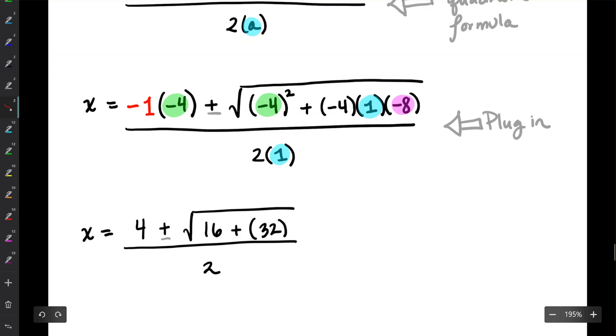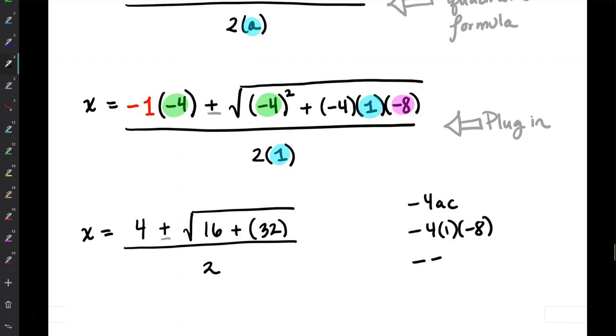This illustrates also why I kind of like writing it like this. If you had -4AC, you'd have -4 times A, which is 1, C is -8. You'd have minus a -32, which is +32, and that can get a lot of people in the simplification of minusing a minus is plus.